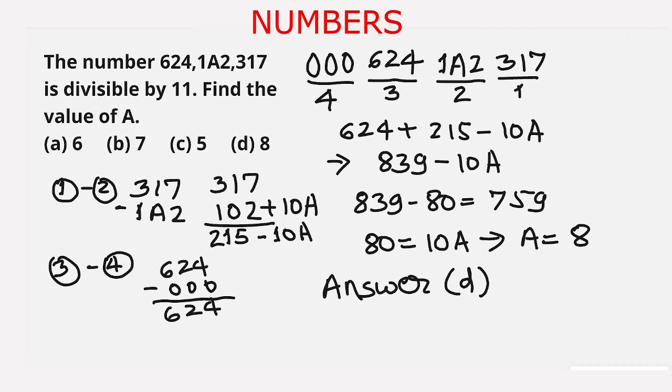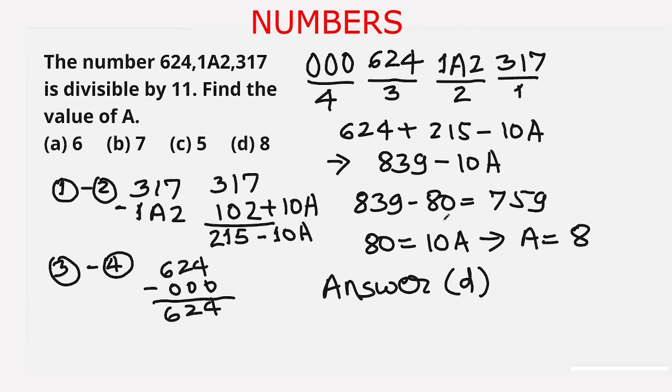I hope you have understood the method of solving it. Here A was at the tens place in 1A2, so we made it 10A. Now after doing all this process, we got the number 839 minus 10A. Because it is 10A, we had to subtract a two-digit number from 839 to make it divisible by 11.